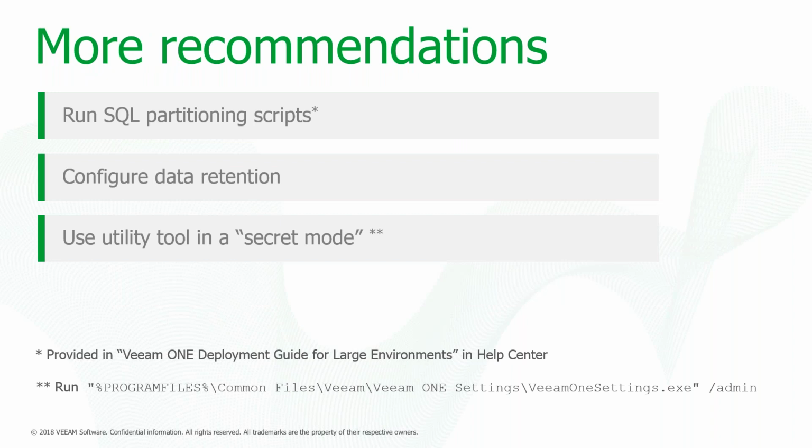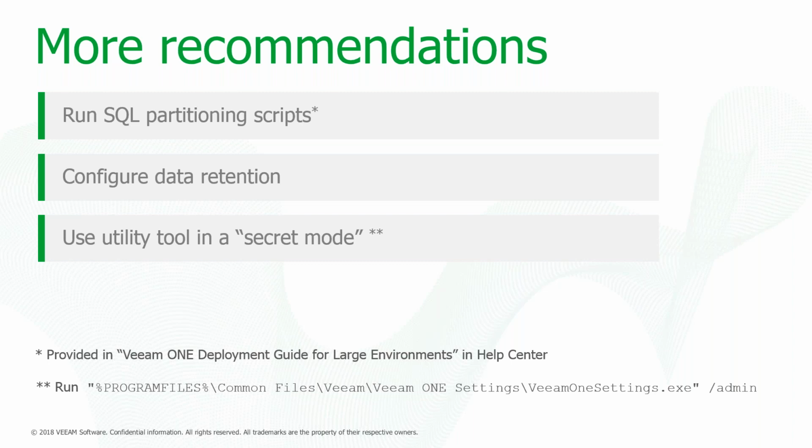There is a recommendation to run SQL partitioning scripts to give you the ability to have more tables available within the SQL server. Also, configure data retention. We looked at this earlier, the ability to change the data retention for the entire data set, but also down to backup, infrastructure performance metrics, and backup retention. So different retention policies.